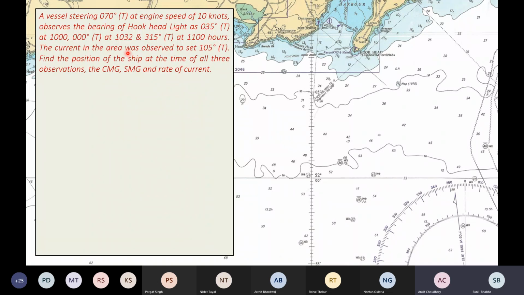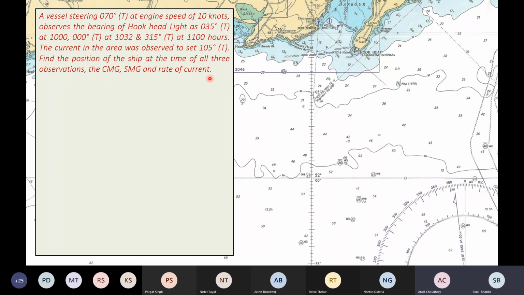The current in the area was observed to set 105 degrees true. Find the position of the ship at the time of all three observations, the course made good, the speed made good, and the rate of the current.